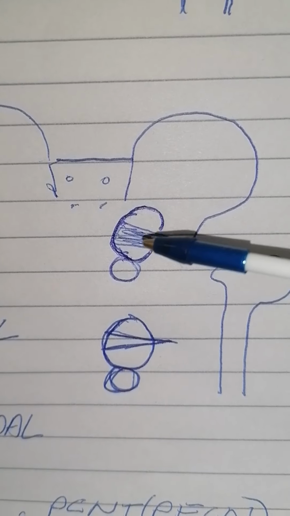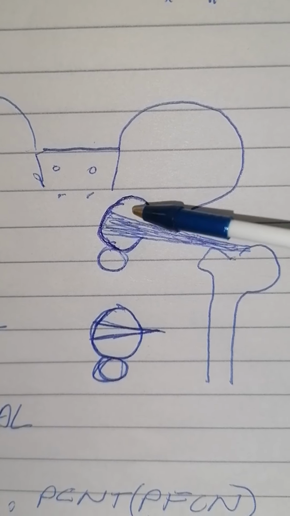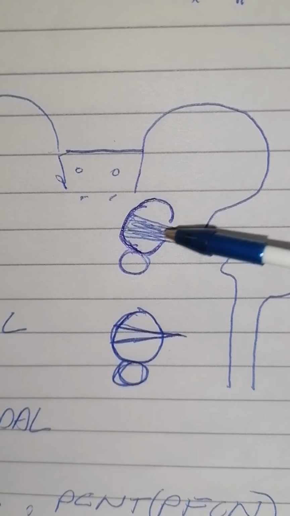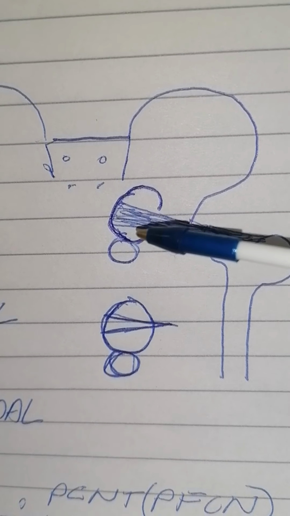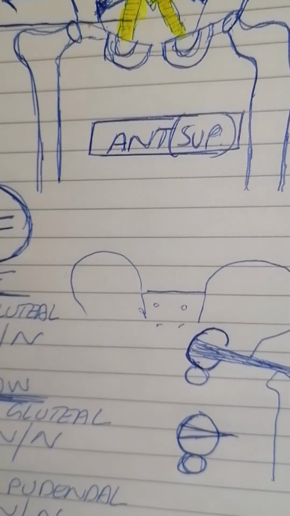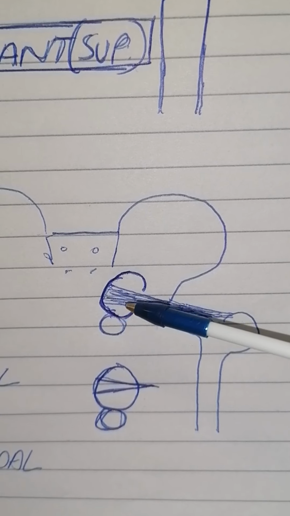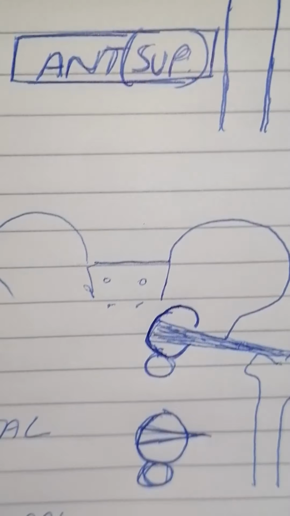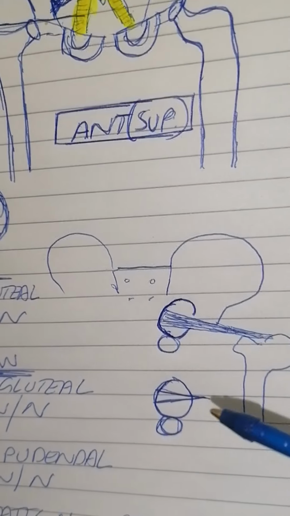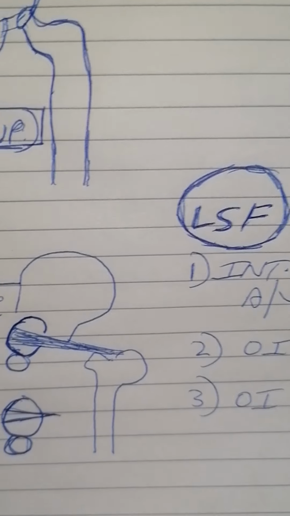So the question can arise, does the sciatic nerve pass above piriformis or below piriformis? The answer is it passes below piriformis in the greater sciatic foramina. Another few structures pass through, and the nerve to quadratus femoris also passes through this area.